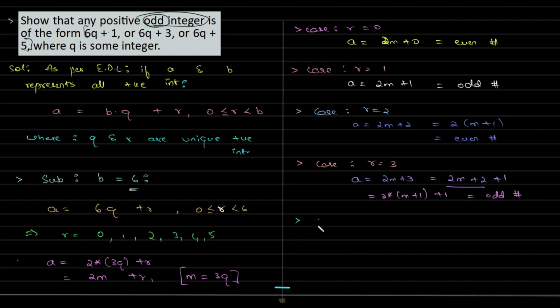Then we have the case when the remainder is 4, right? So you have A is equal to 2M plus 4. Here I'll take a common of 2. We'll get M plus 2. So 2 into anything is an even number, right?